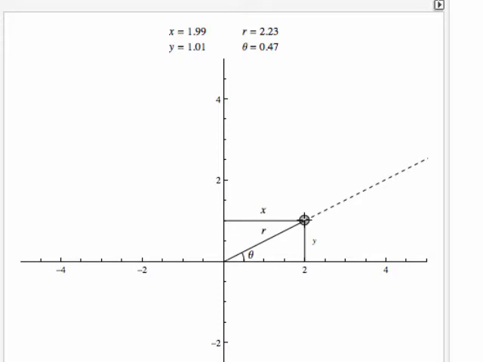And so instead of giving an x and y coordinate for the point, rectangular coordinates, we can give a radius and an angle, (r, theta), to specify the location of the point. And (r, theta) are what we call polar coordinates.